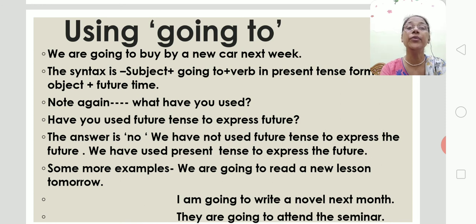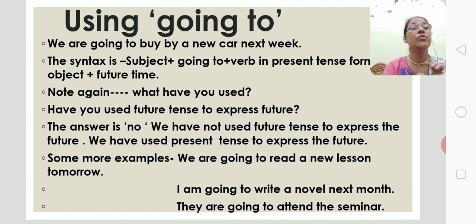I am talking about next month. I am making future plans, but I am using the present form. They are going to attend the seminar. Again the same thing. To attend is the verb, are going is the usage of the present continuous form.